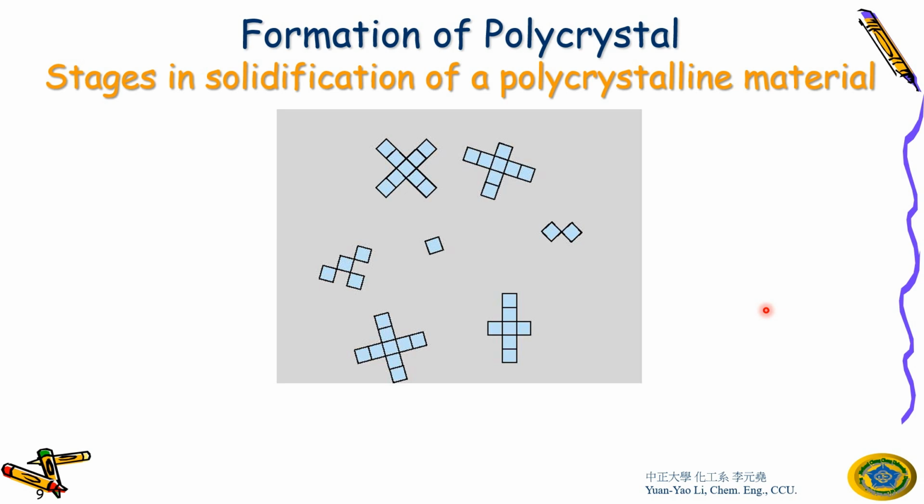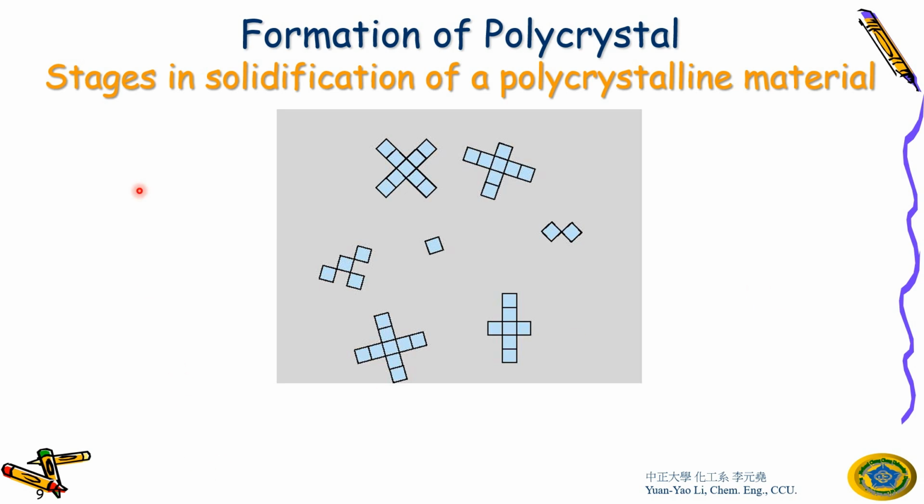It becomes solid from the aqueous phase, or from the aqueous solution. And when they become crystal, they are not perfect. So this is the formation. One of the easy ways to make a polycrystal is this.